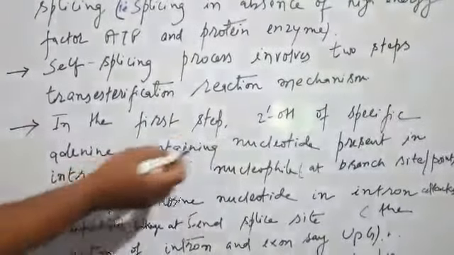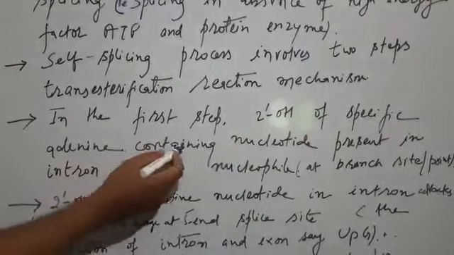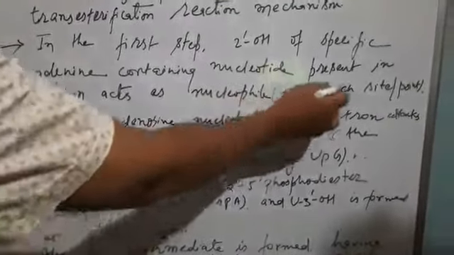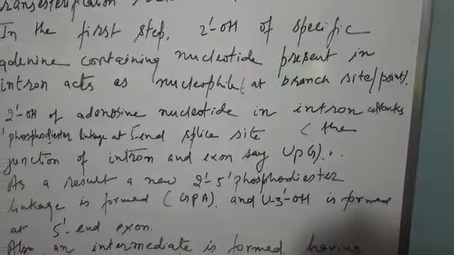So, in the first step, the 2' OH of a specific adenine containing nucleotide present in the intron acts as nucleophile, and obviously it is called the branch site or point.